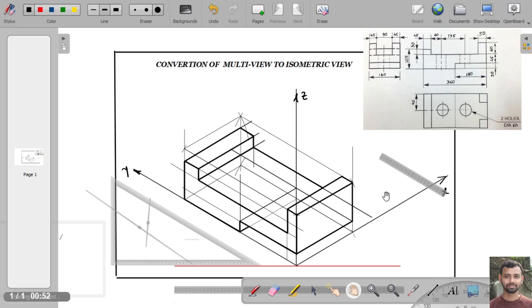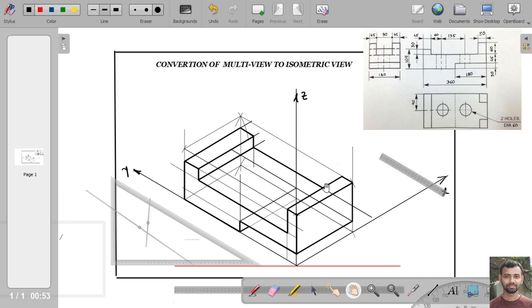Now here this hole can be seen, but the partial view of this hole will be blocked by this portion.